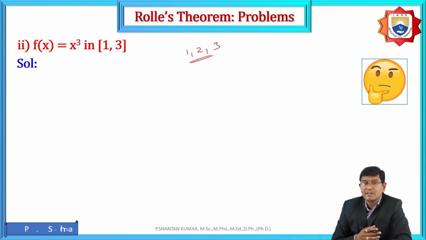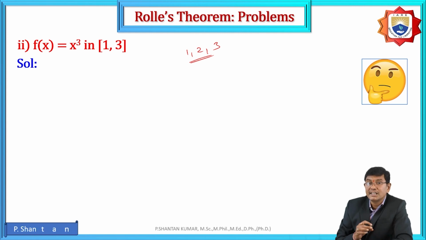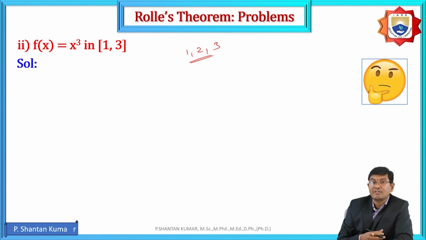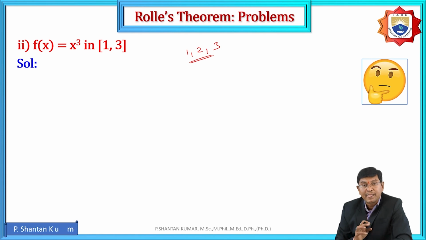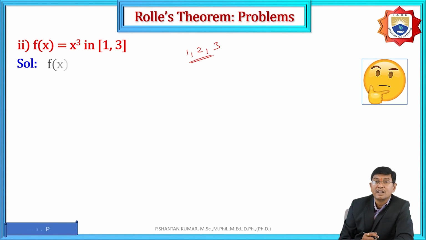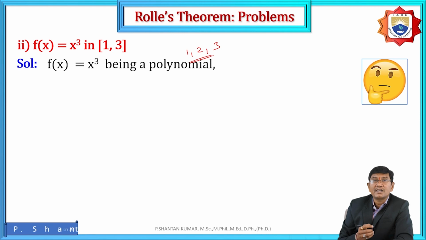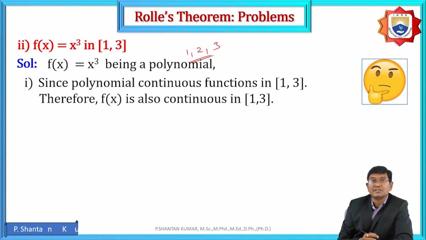Here the value itself is not important, only that it is finite. Therefore, the function f of x is continuous in the closed interval a comma b. And now the second condition, f dash of x, is 3x square in the open interval 1 comma 3.